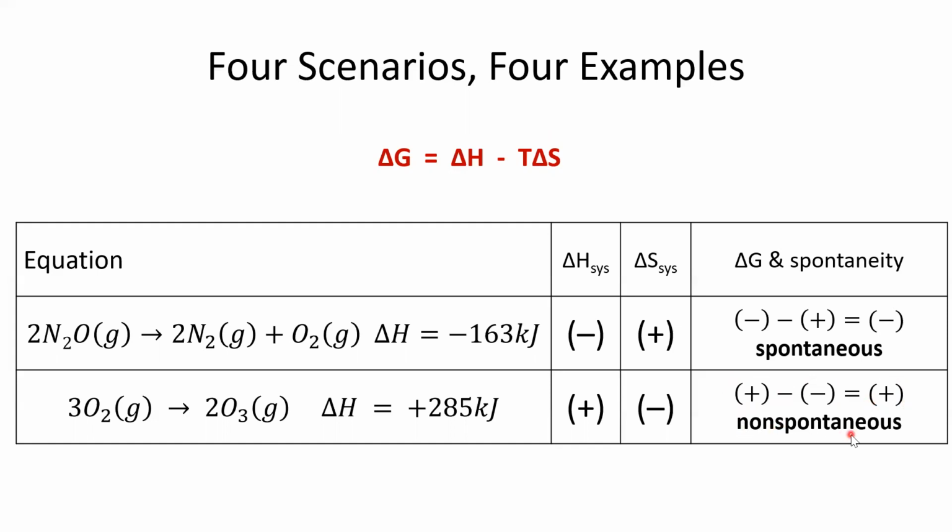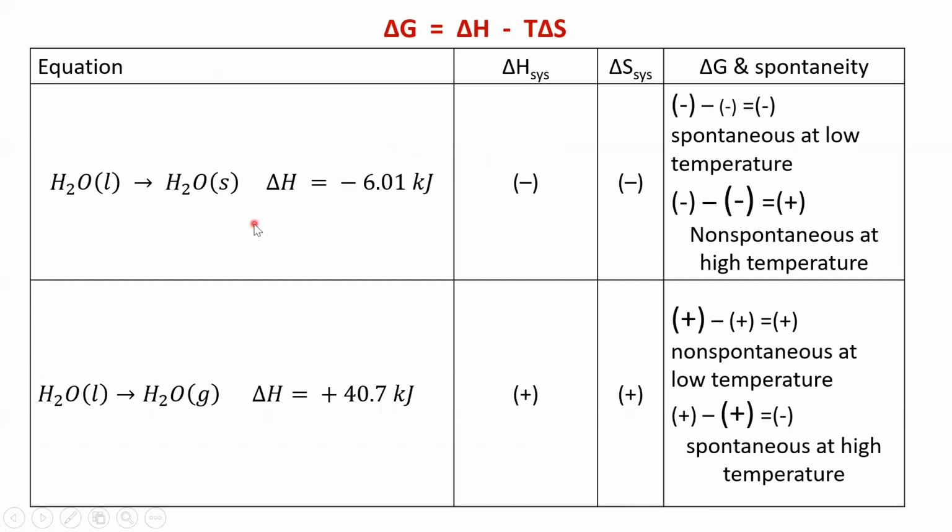It's always non-spontaneous. So it's not enthalpy favored and it's not entropy favored. It's not spontaneous. Well, let's look at the other 2 scenarios because they're a little bit tricky.